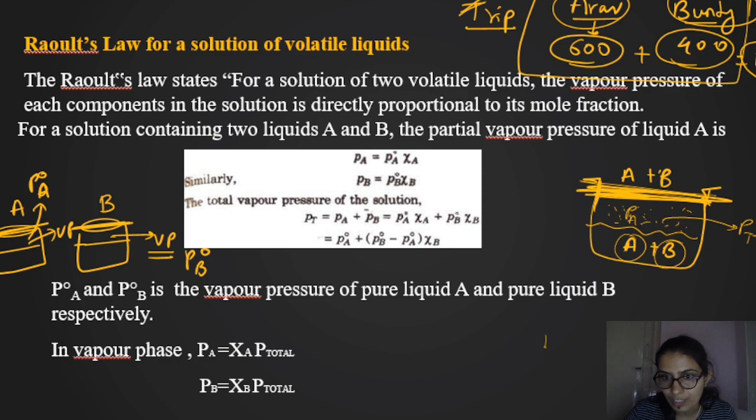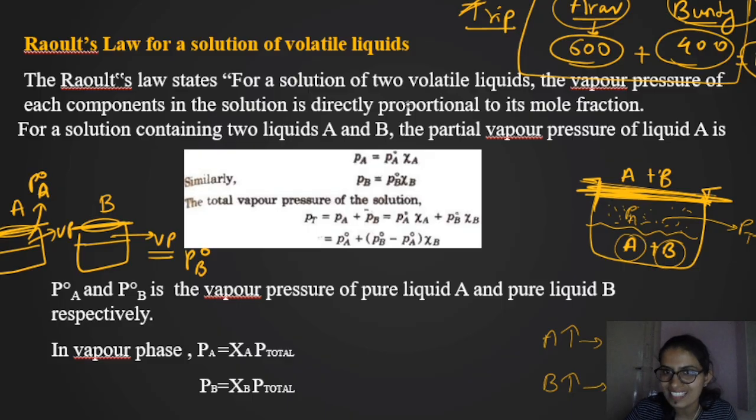It means if I have more of component A, then the pressure due to A is also more, and if component B is more, then the pressure due to B is also more. Simple concept, right? If A is more in a liquid, then it converts into vapor easily and the pressure due to that is also more. And if B is higher in amount, the pressure due to B is also higher.